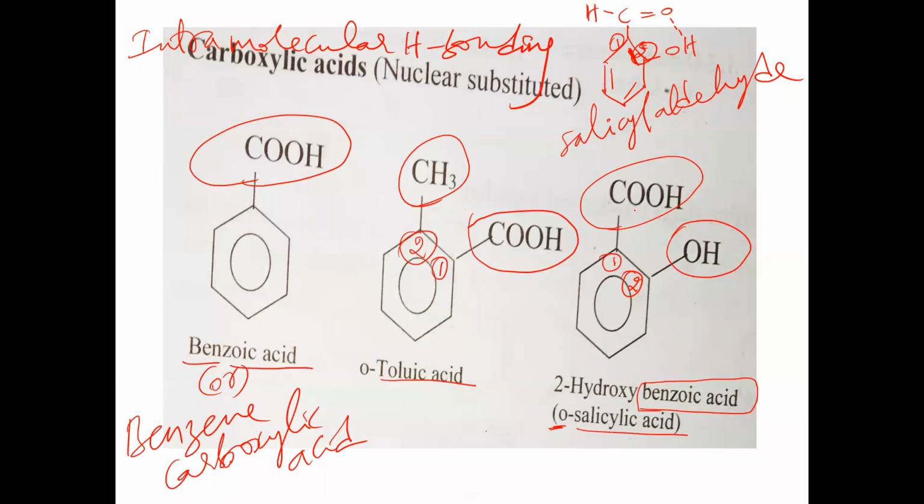So here also, between the oxygen of C double bond O and the hydrogen of OH, there will be a weak attractive force called hydrogen bonding. This is within the same molecule. So it is called intra. Intra means within. So intramolecular hydrogen bonding is seen in salicyl aldehyde and salicylic acid.